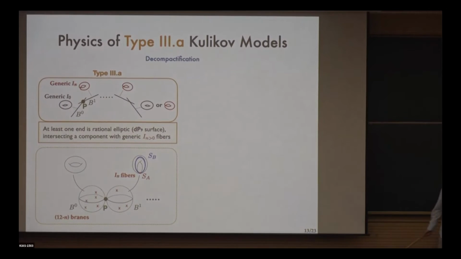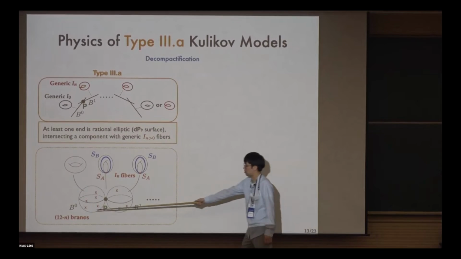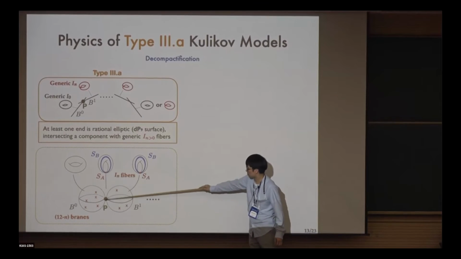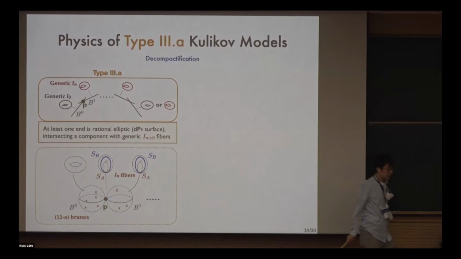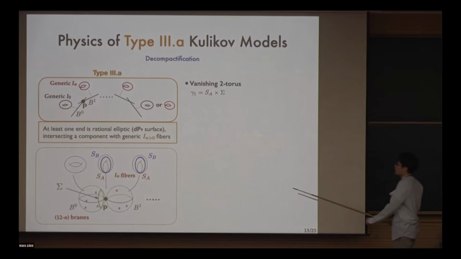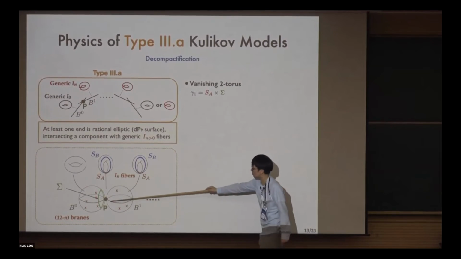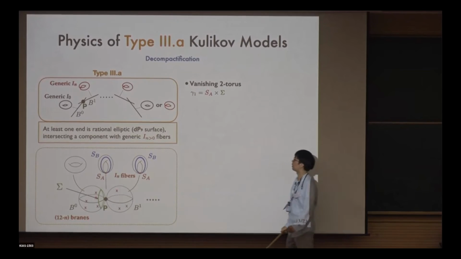Now, such singular I_N fibers, the generic ones, will also be shared by this P1 at this point of intersection P. So we also have an I_N fiber here. And because this is a type 3 Kulikov model, by mathematical theorems, we should expect to obtain one shrinking 2-torus. And indeed, this can be identified easily by fibering these collapsing A cycles over this base 1-chain sigma.